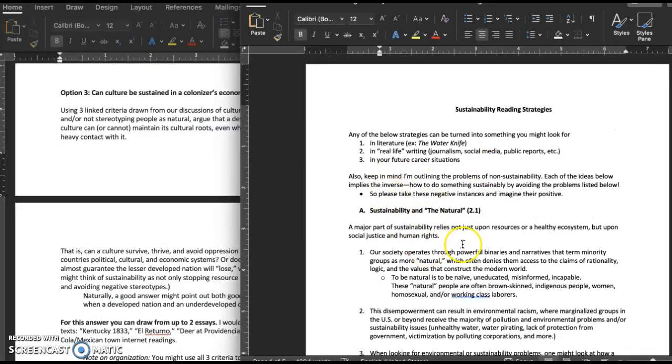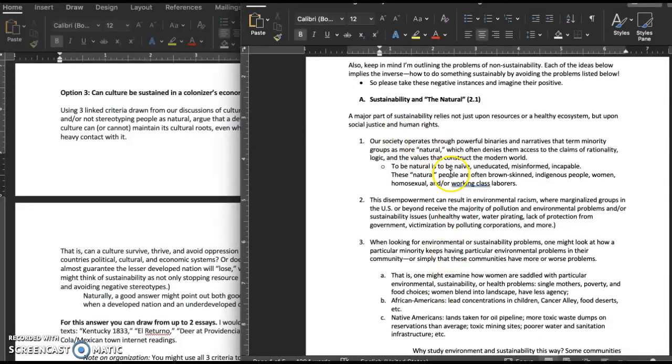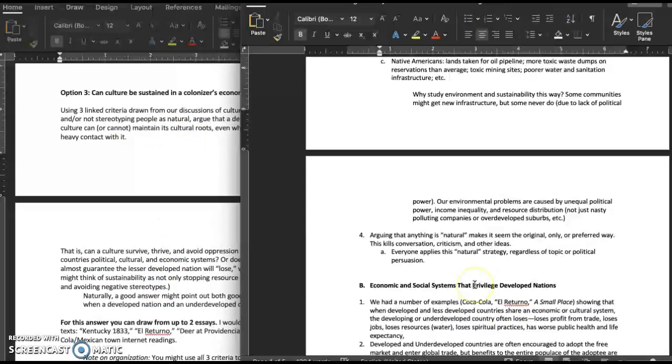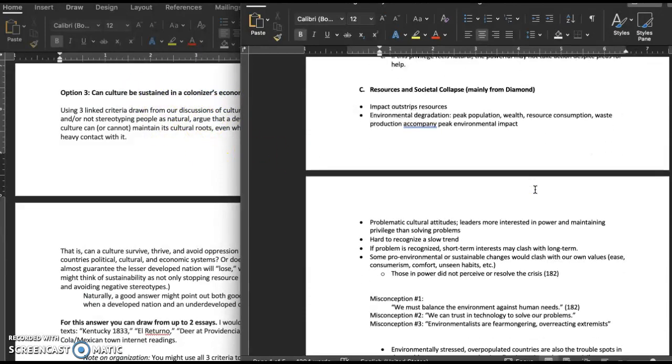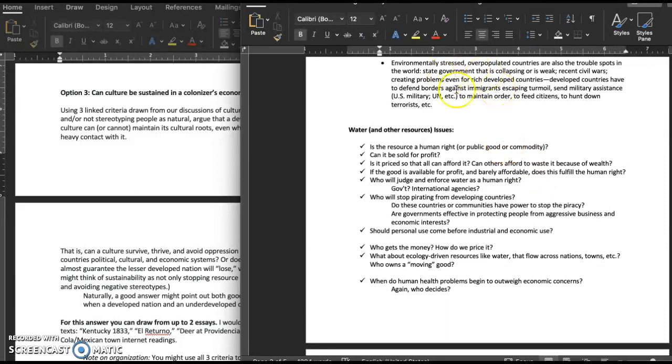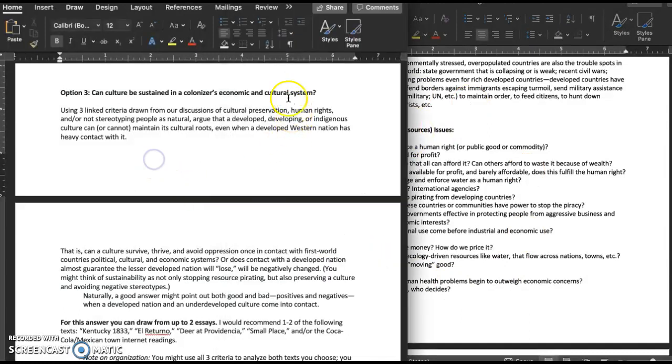You could rifle through here and pick out ones for whatever you'd like to analyze. So you could choose from here. We've got the economic stuff, and the question certainly supports using that. You could even talk about resource uses or human rights and the way that governments and private corporations function together. You could use that as one criteria here because, again, you need 3 criteria, right?